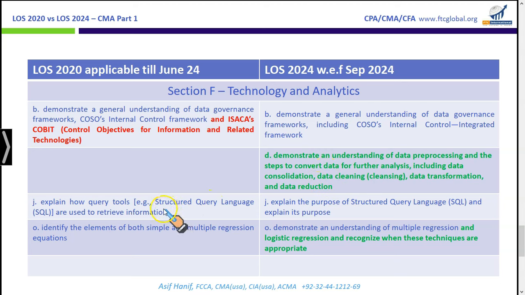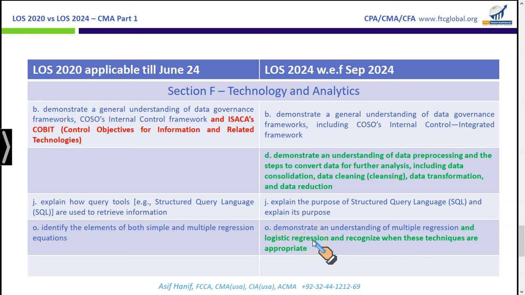Then this one: explain how query tools like SQL are used to retrieve information. So they have simply changed the words: explain the purpose of structured query language. So more or less they are the same. Identify the elements of both simple and multiple regression equations. Now they have added this text: demonstrate an understanding of multiple regression and logistic regression and recognize when these techniques are appropriate.